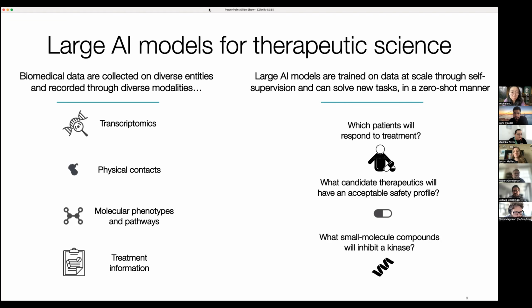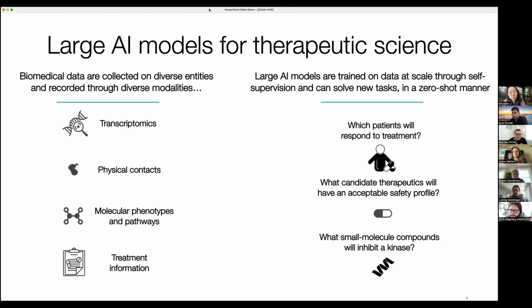So in biology and medicine, we see biomedical data collected on diverse entities, and they are recorded through diverse types of modalities. And so it's non-trivial and quite challenging how to train large models on data at scale where the underlying data is so diverse and heterogeneous, and do that in such a way that when a model is trained, it can then solve new tasks.